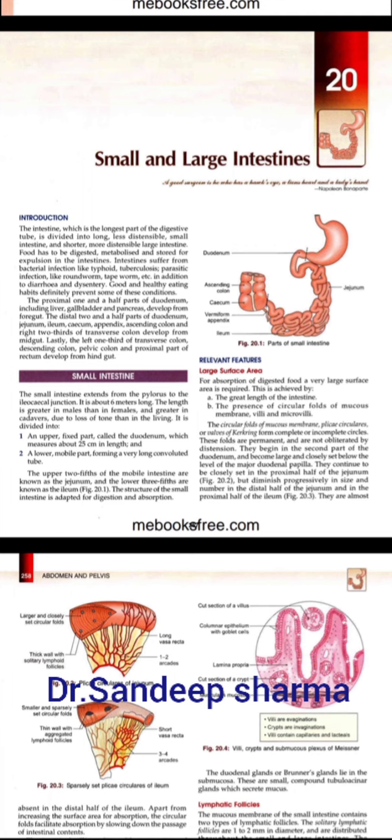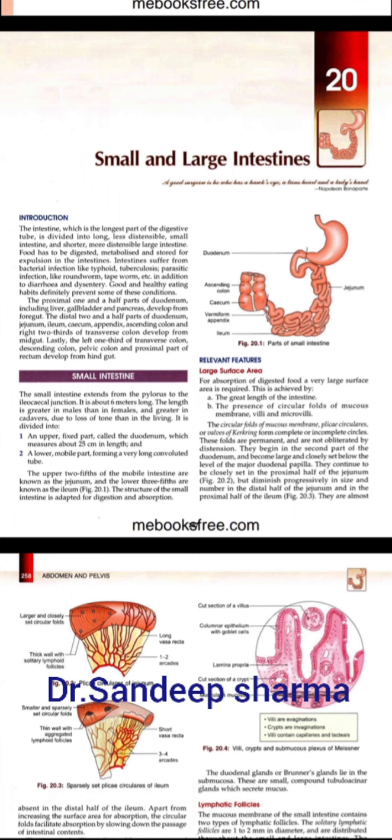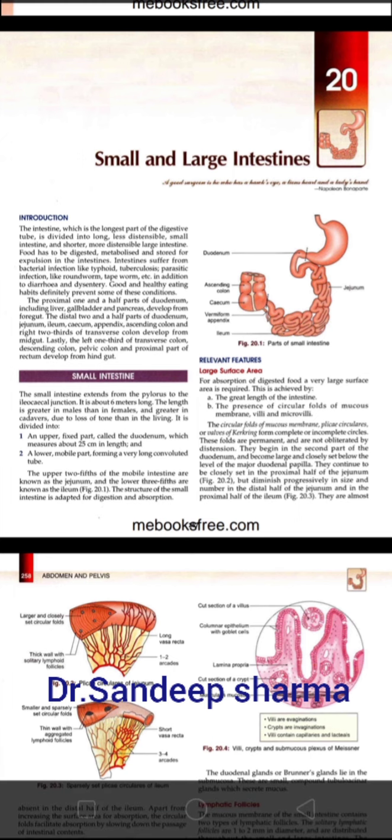One important thing is that the length of the small intestine is greater in males than in females. But the greatest length is in cadavers, because the tone of the intestine is gone, unlike in the living body. Now we will discuss the parts of the small intestine. It is again of two types: an upper part and a lower part.